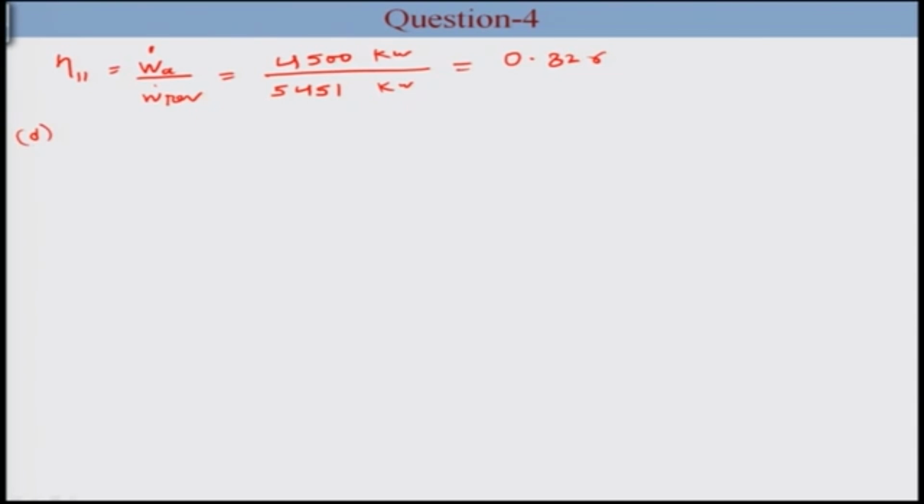To calculate the increase in the power, we first find the energy of the steam at the turbine inlet for the given dead state.